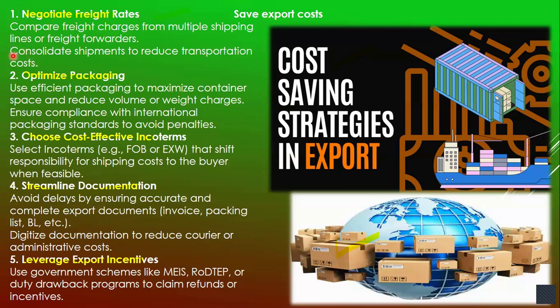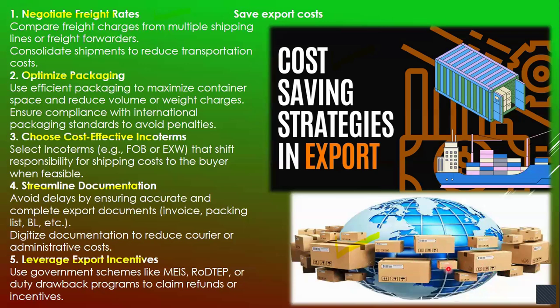Second is consolidate shipments to reduce transportation cost. If we have multiple shipments for export, we can consolidate them into a single shipment. Like there are some boxes we are going to export to Argentina. These boxes can be exported separately.